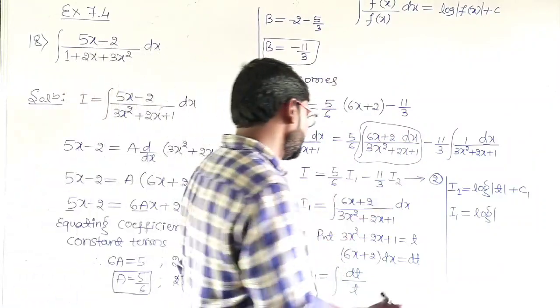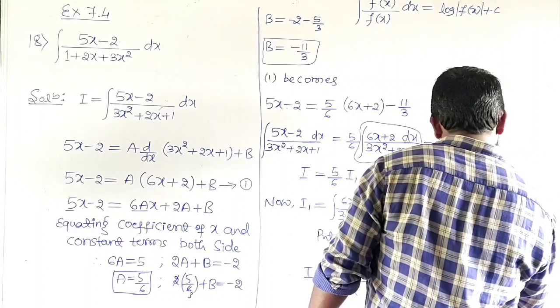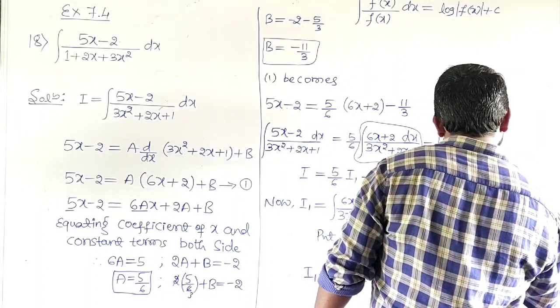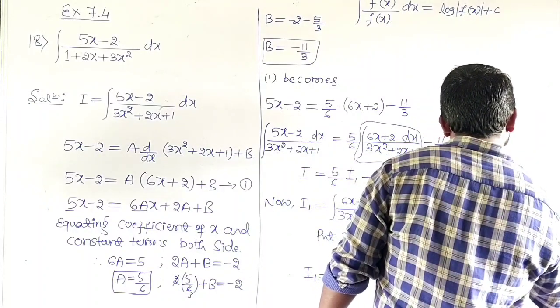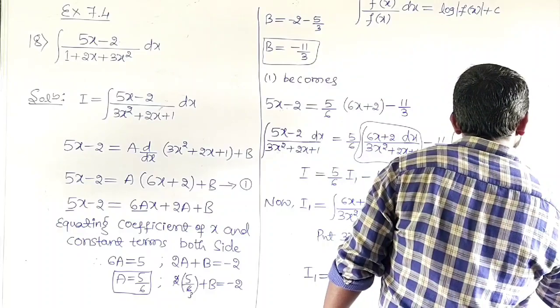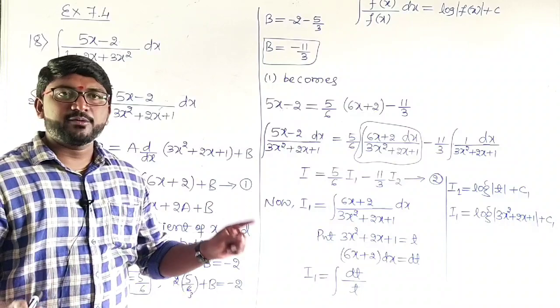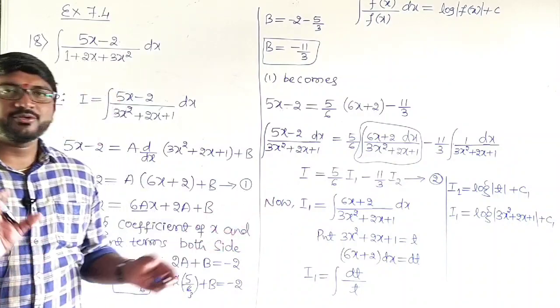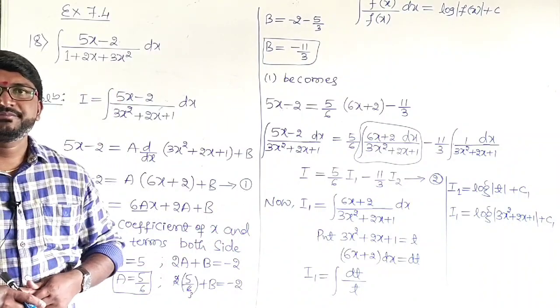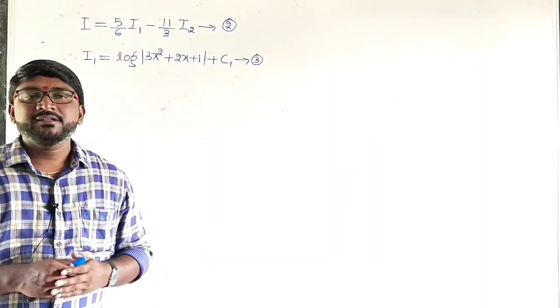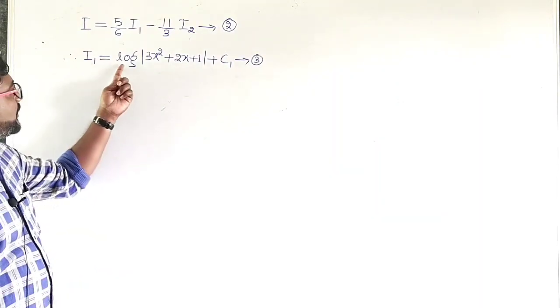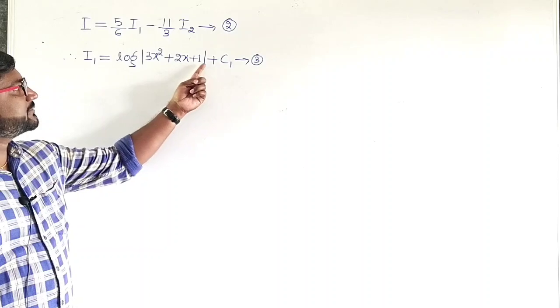So replace t here: I1 equals log mod of 3x square plus 2x plus 1 plus c1. So this is all about I1. Since we don't have much space, pause the video to note it down, then we'll go for I2. We have calculated I1 and I have written I1 here, log mod 3x square plus 2x plus 1 plus c1.